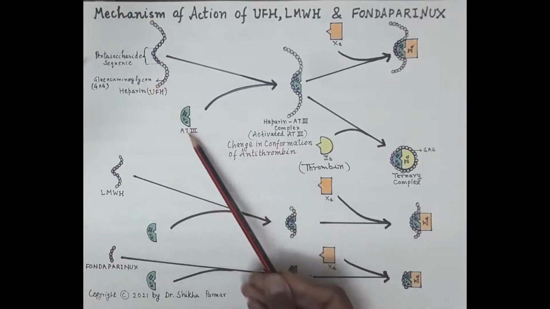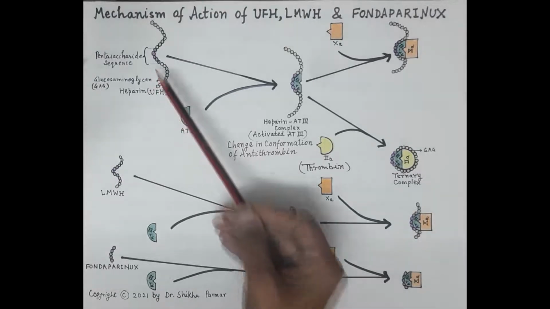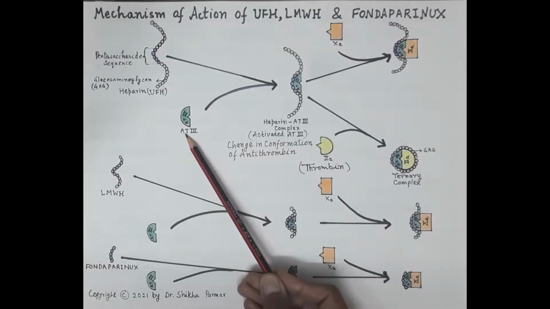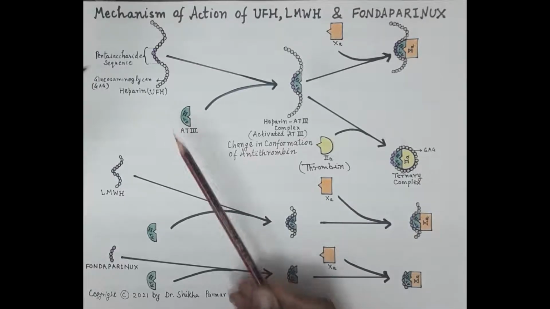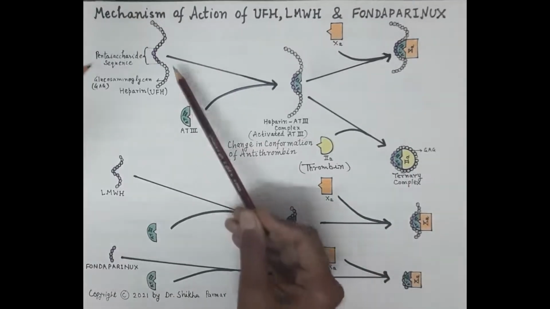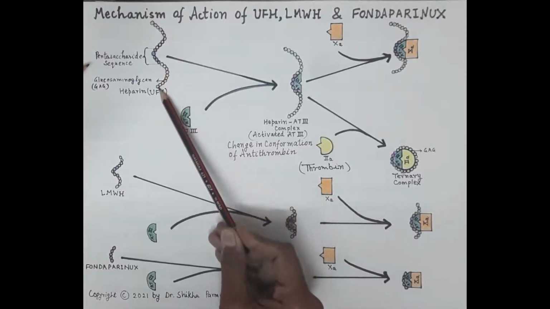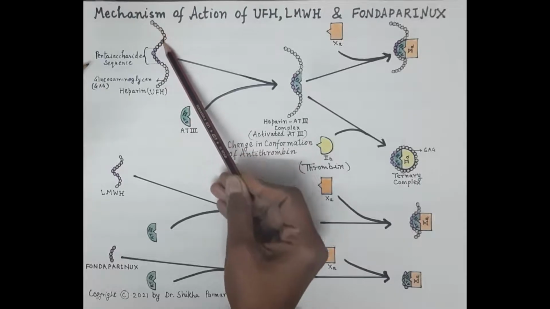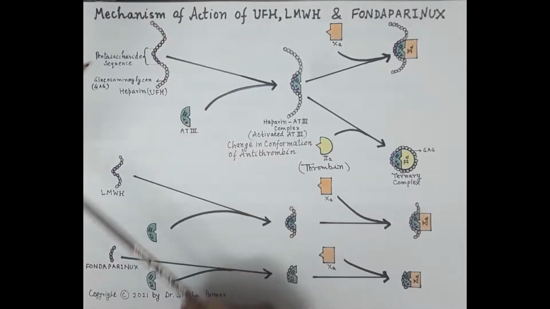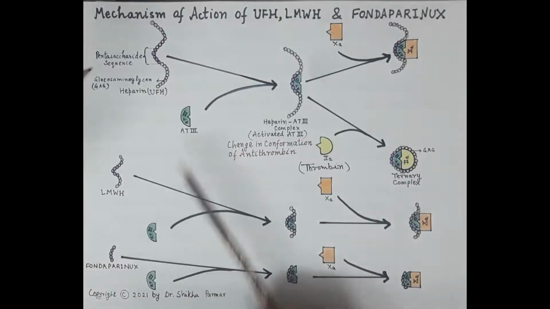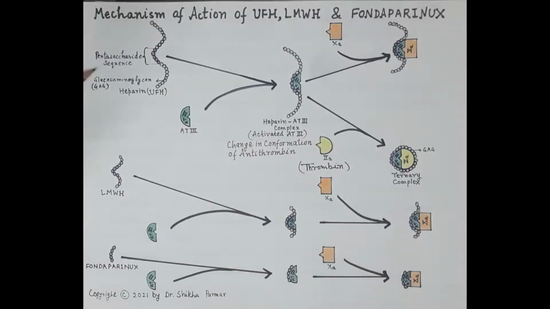This pentasaccharide sequence binds to antithrombin 3, which induces a conformational change in antithrombin 3 and activates it. Now apart from this pentasaccharide sequence, the heparin polysaccharide chain consists of glucosaminoglycan. So this is the glucosaminoglycan part of the polysaccharide chain. So this is the heparin. Now heparin binds to antithrombin 3.